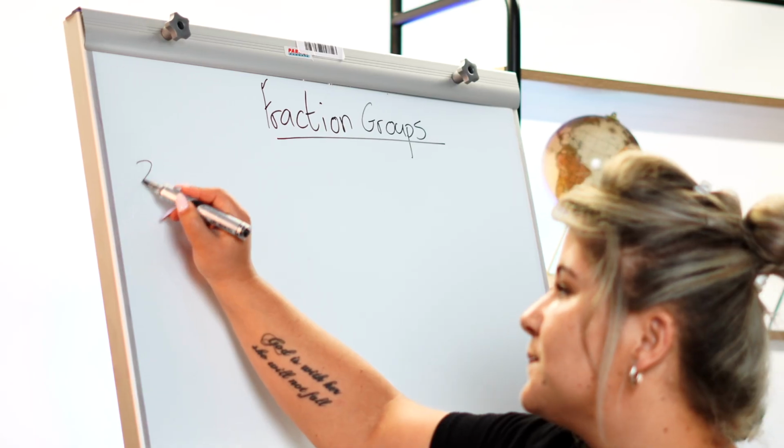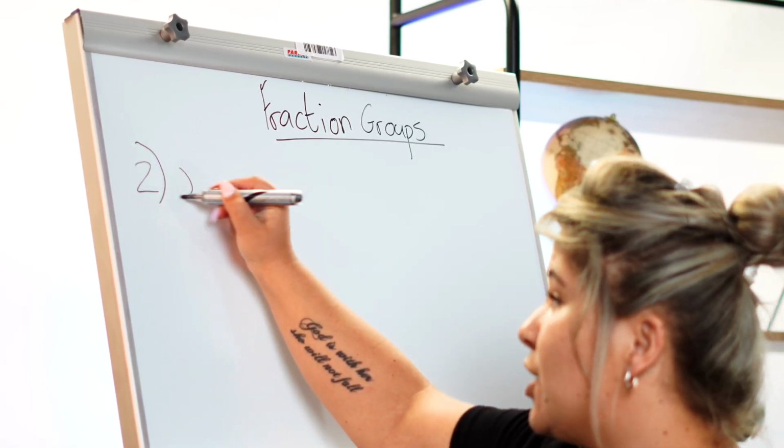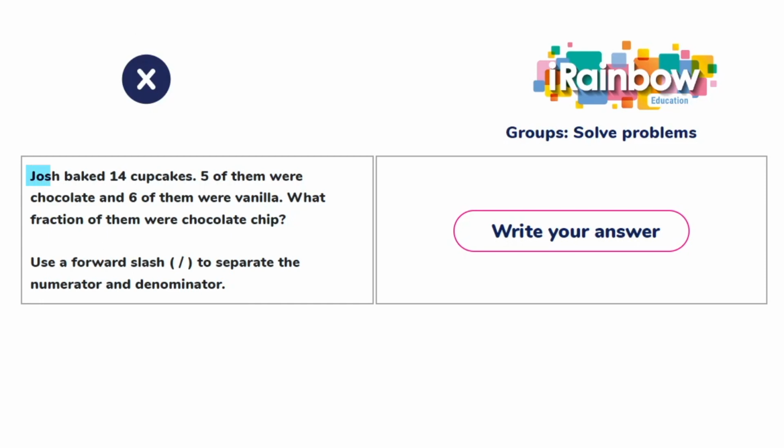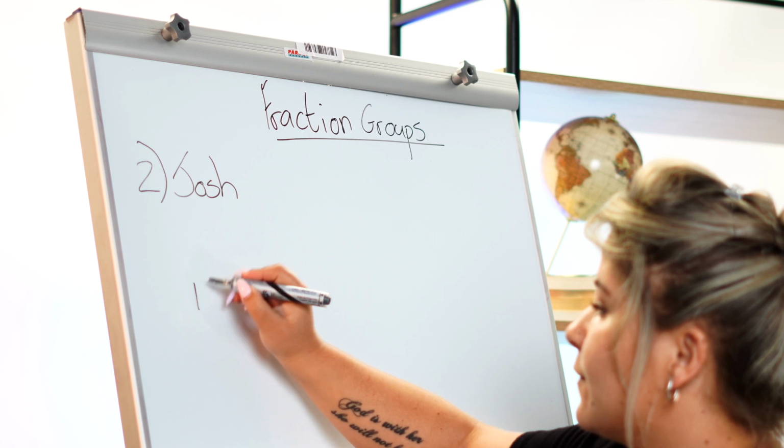Now I'd like us to please move on to another question using the same method we've done, and let's see how we do. The following question is, Josh decided to bake 14 cupcakes. So we know that our denominator will be 14.